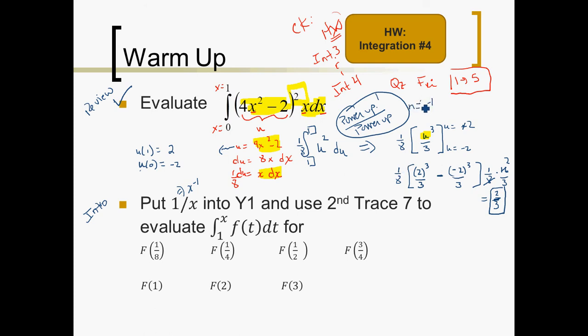We established that before, right? Power up, divide by the power up. When the power up is n plus 1, this doesn't work. So how? But I need an integral of 1 over x.